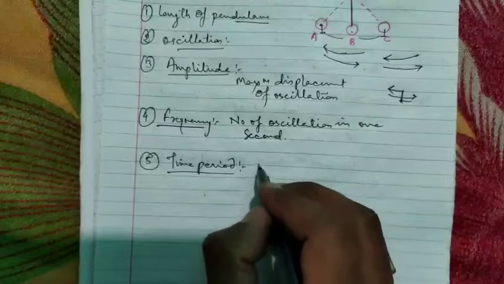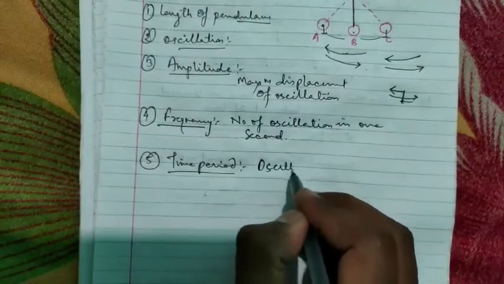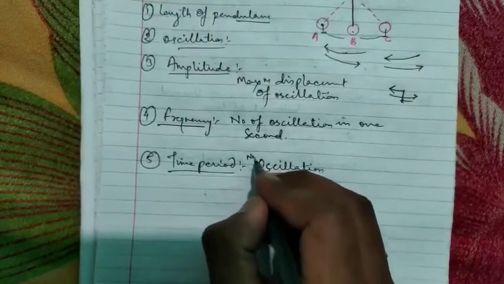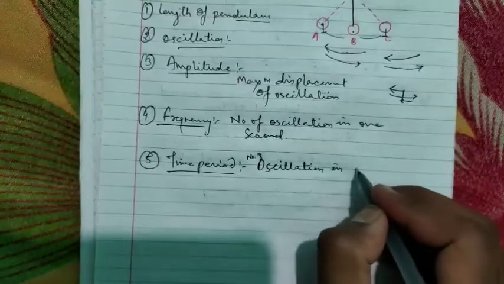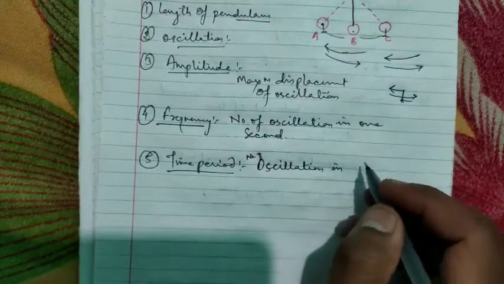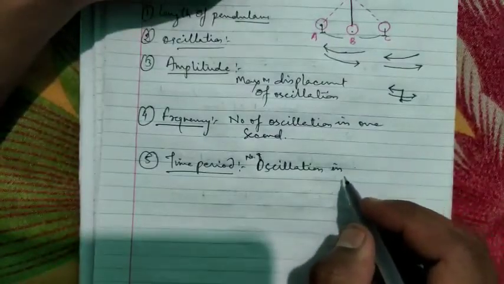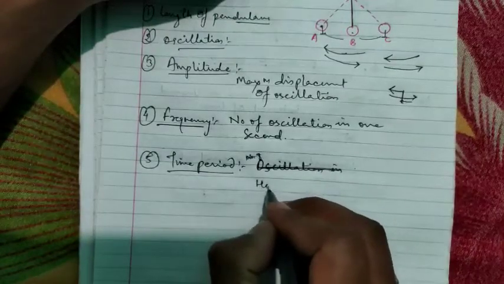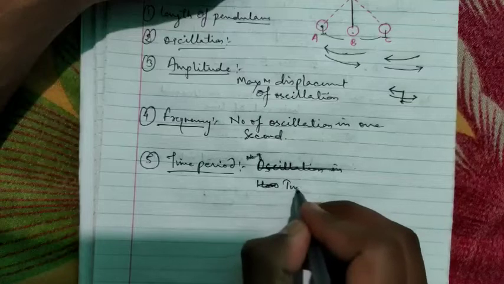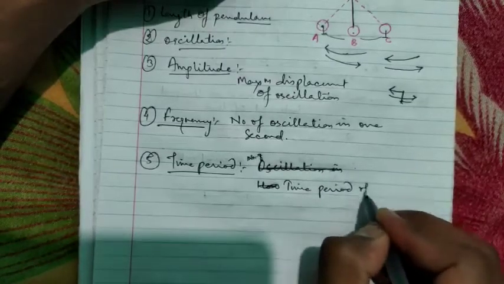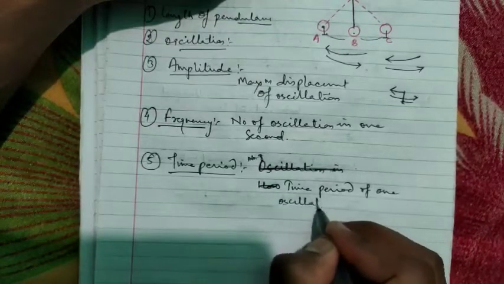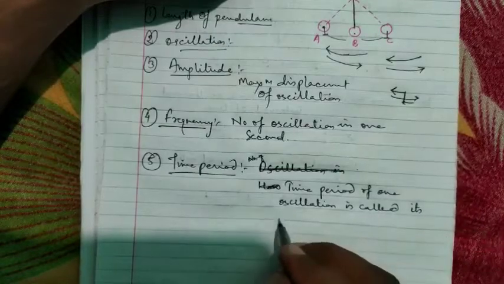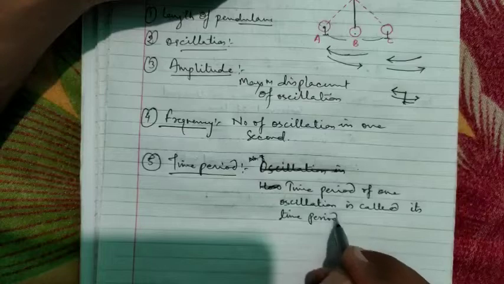Next, the last point we will see is time period. Time period of one oscillation is called its time period.